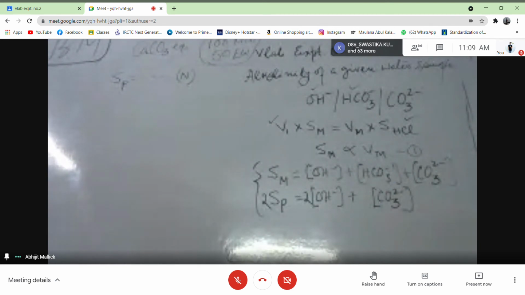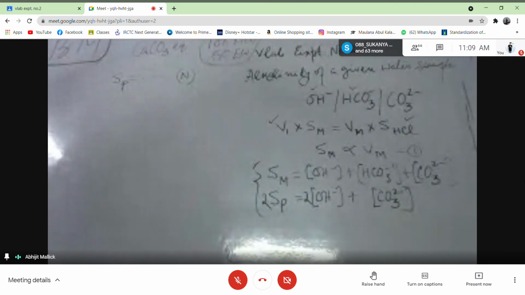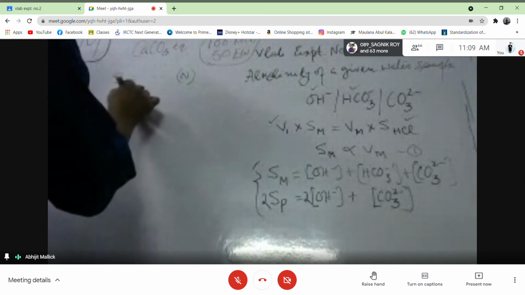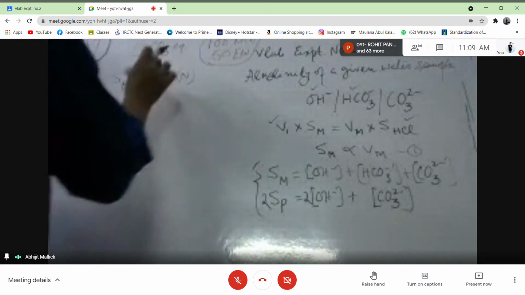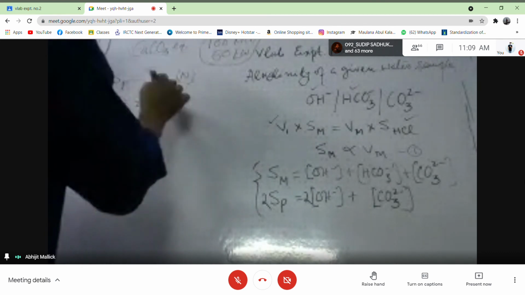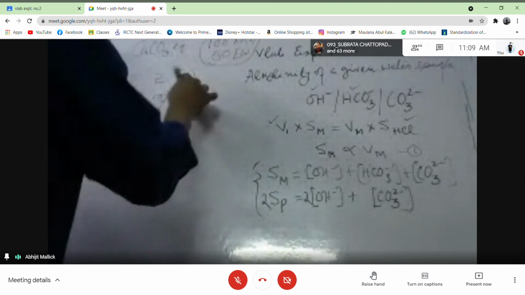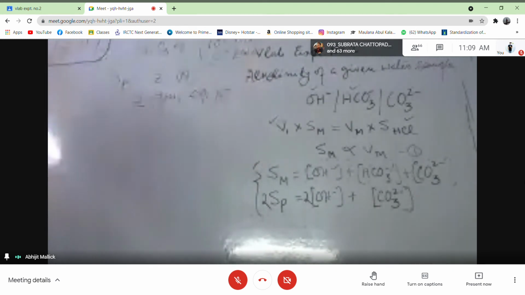When we convert units, we will use the equivalent weight or molecular weight as required. For example, next line: say it is Z normal, Z is a factor. Normality means Z gram equivalent per liter. This is our normality.